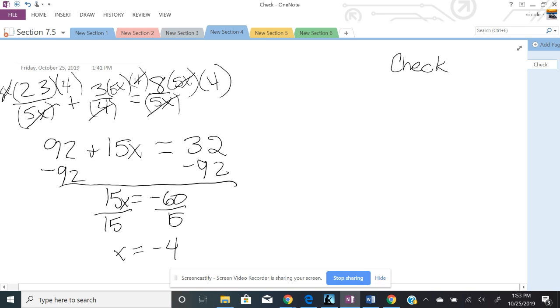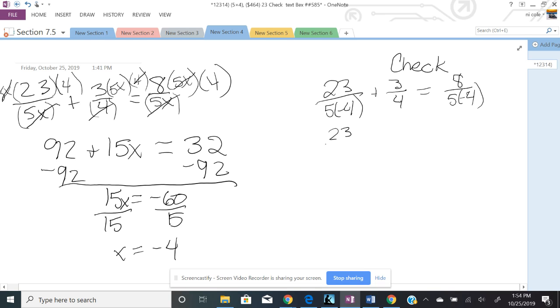Now let's check that. All right, 23 over 5 times negative 4 plus 3/4 equals 8 over 5 times negative 4. So that is negative 23/20, plus 3/4 is equal to negative 8/20.